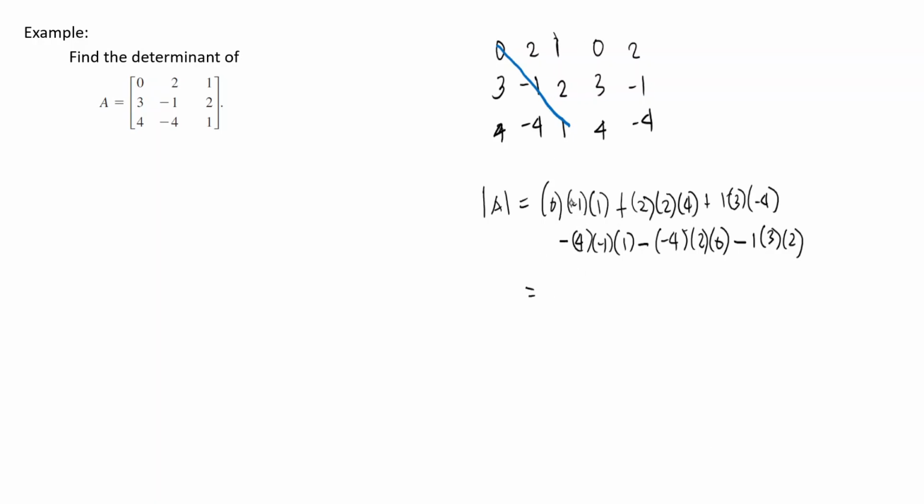So this becomes 0. Then we have 16. We have negative 12. The product of this, we have positive 4. The product of this, we have 0. And then the last one, minus 6. So this is equal to 4 plus 4. So that's 8 minus 6. So that is, the determinant is 2.